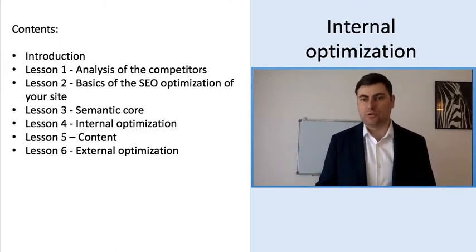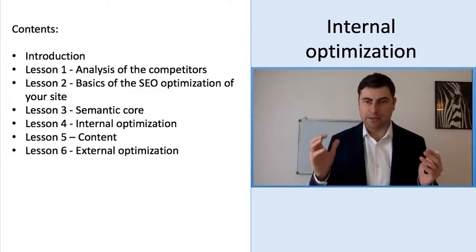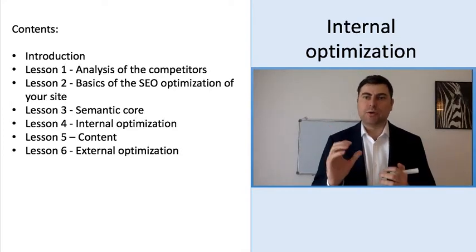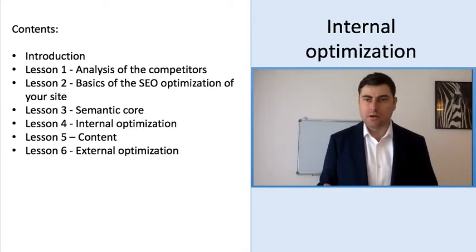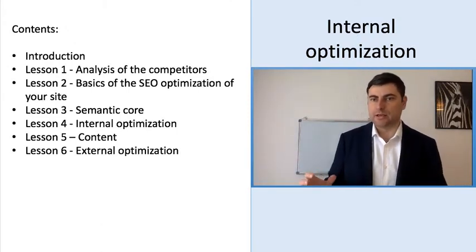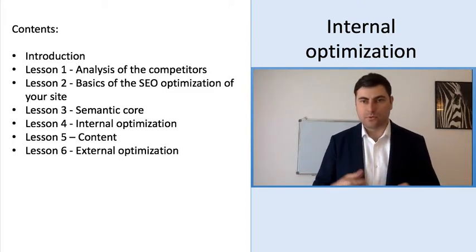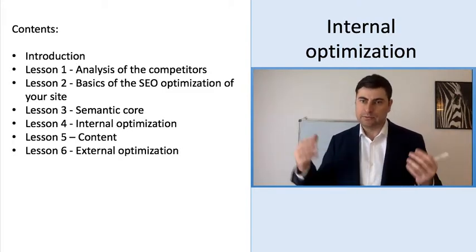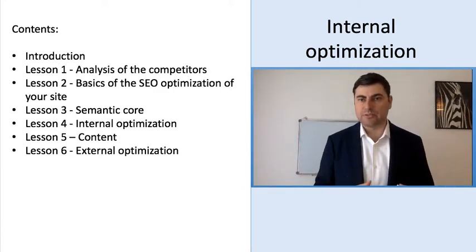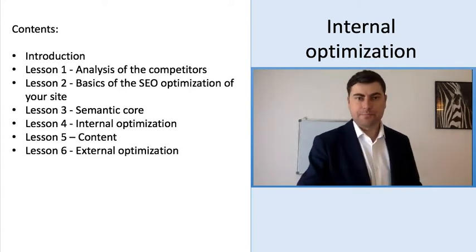Internal optimization is just everything that we make on our website to make it more attractive for Google and to say to Google, hey, my website is very useful for users. Please bring as many users as you can to my website so I can give them the value.